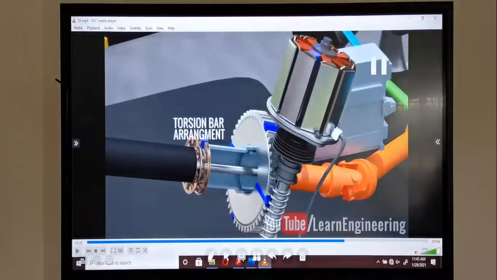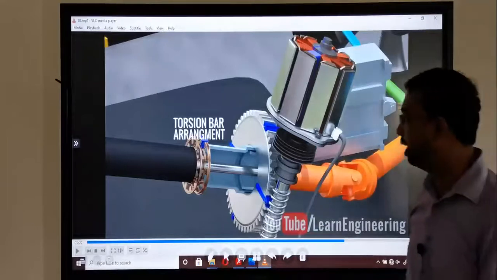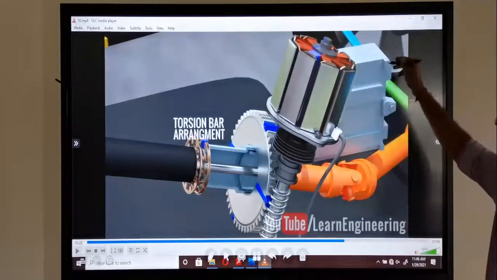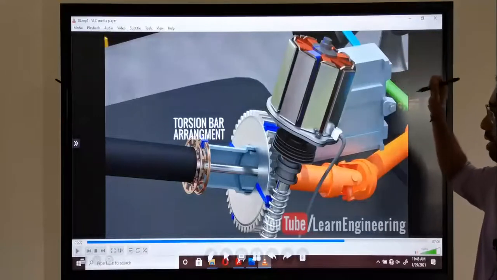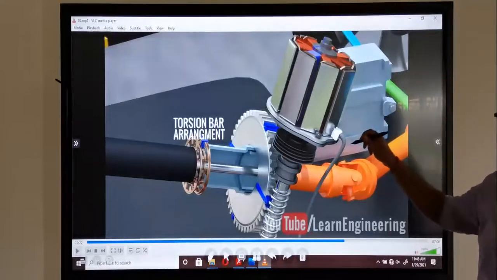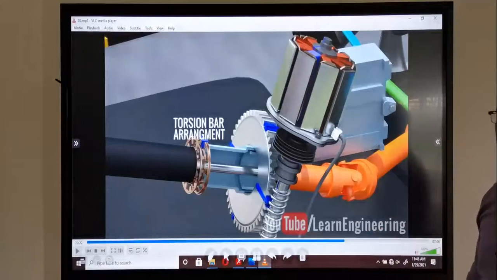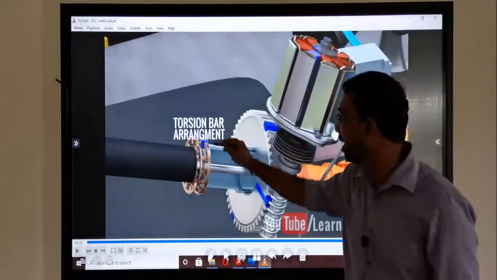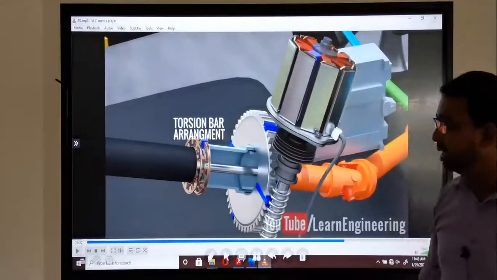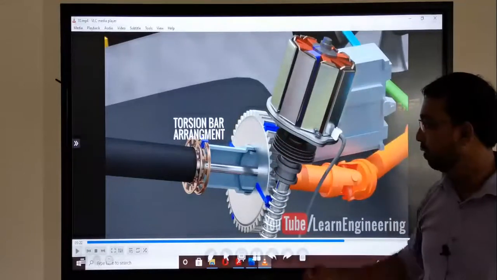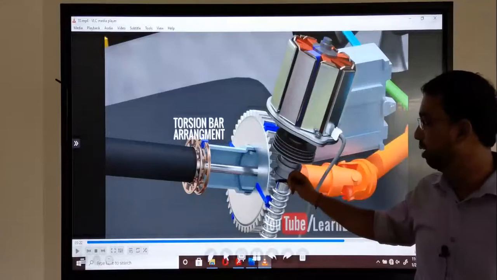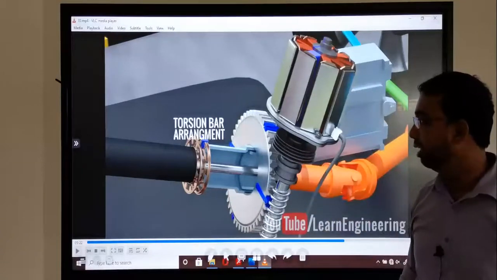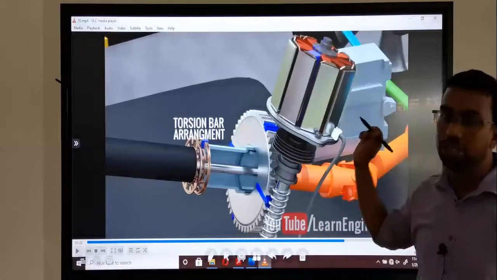So here you can see there is a torsion bar. Additionally, here also there is a torsion bar. This type of data is measured by the Hall effect sensor. We already studied the Hall effect sensor in the ignition system, I think. A Hall effect sensor and torsion bar arrangement. Because of the twist in the torsion bar, that torque is calculated.